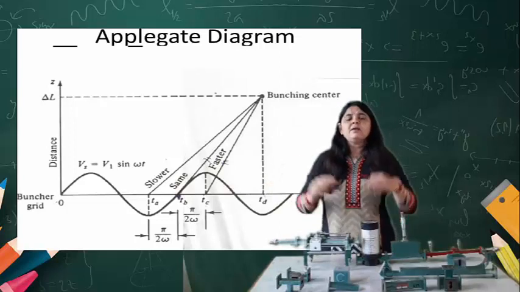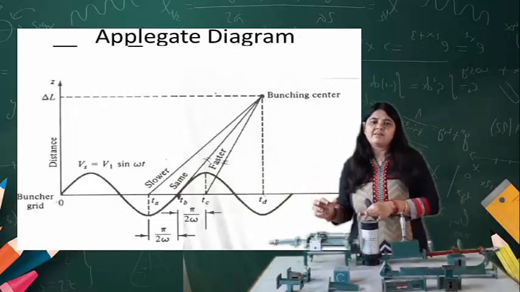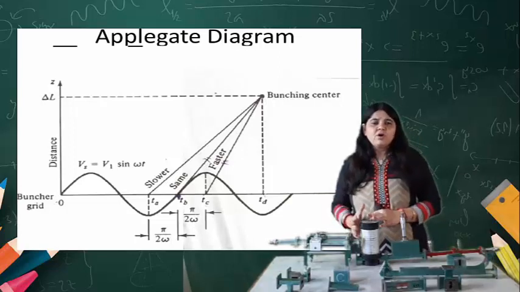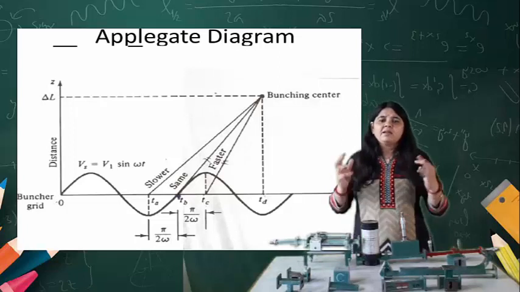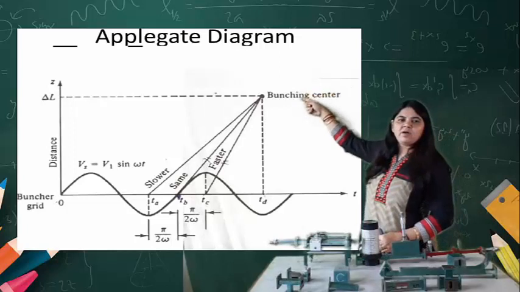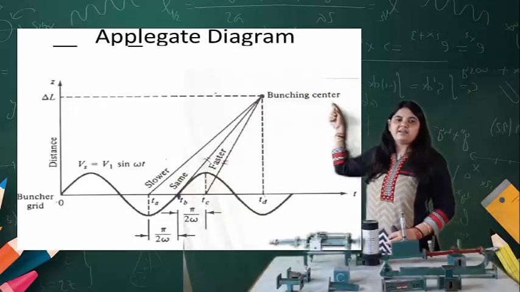So the last electron will reach at the same time as the middle electron. Similarly there is a bunch of electrons over here, and what is it? It is the bunching center.